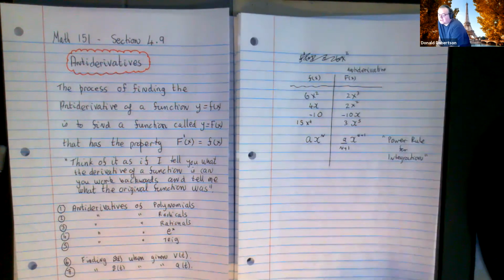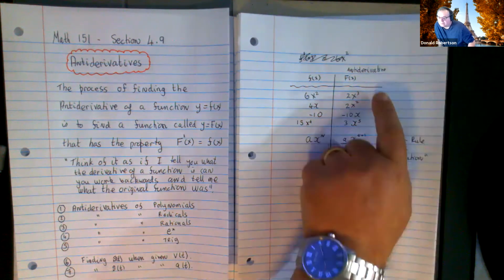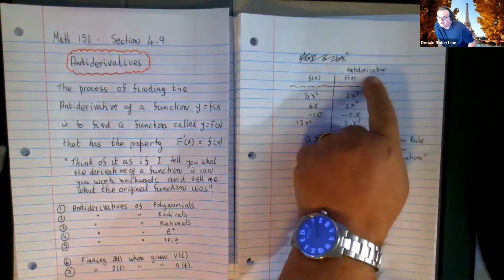It's not called the power rule for finding antiderivatives, although it is. We tend to use the word integration rather than antiderivative. And when you do 152, you'll find that those two terms for a while are used at the same time.